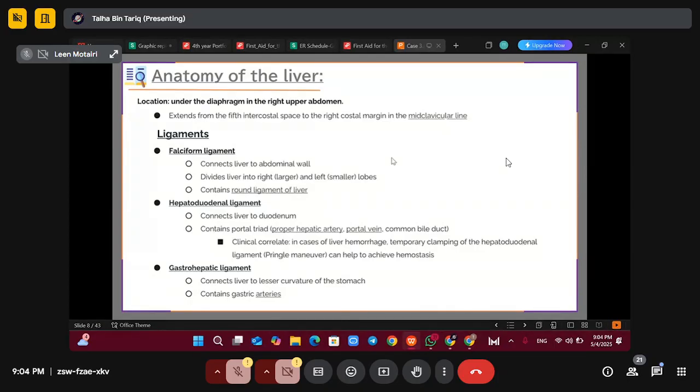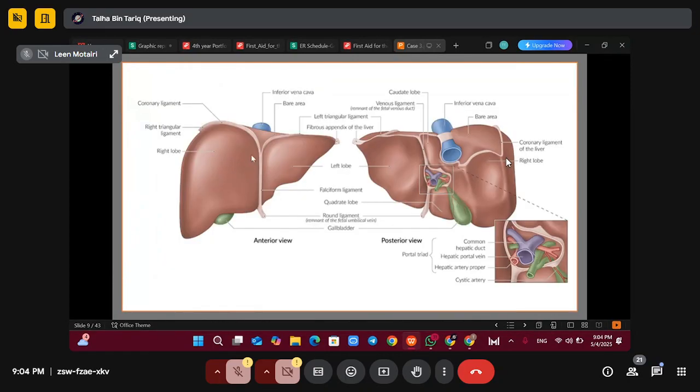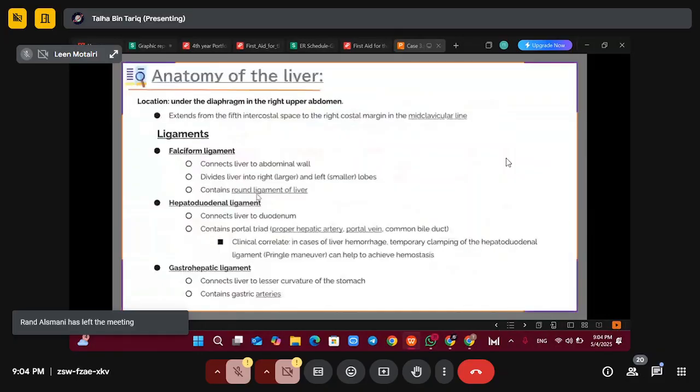Then for the ligaments, we have the falciform ligament. This ligament, the one in between these, what is its function? It's connecting the liver to the anterior abdominal wall, and it is dividing the liver into the right and the left lobes. As I said before, this ligament is very important.